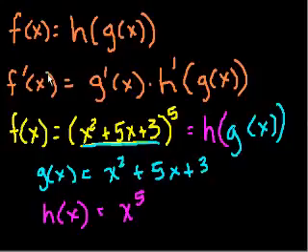So the chain rule just tells us that the derivative of this, that f prime of x, and I have a feeling I'm going to run out of space. Well, actually, before I do anything, let's figure out the derivatives of g of x and h of x.